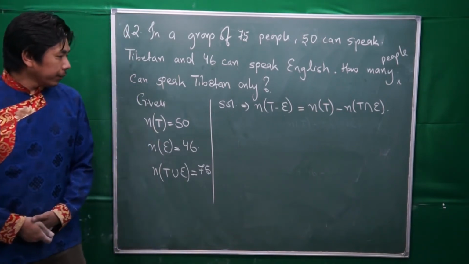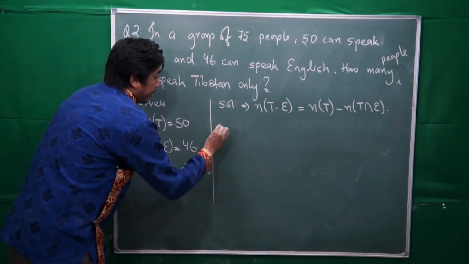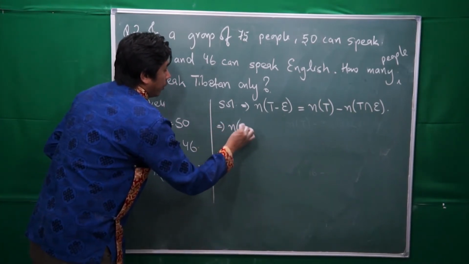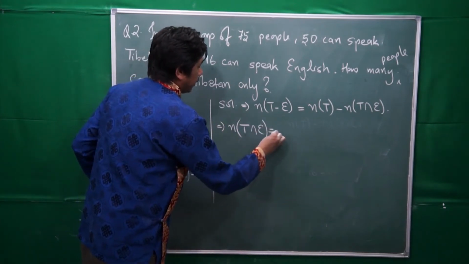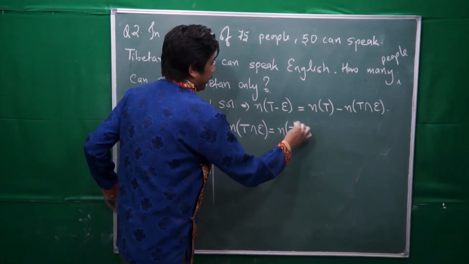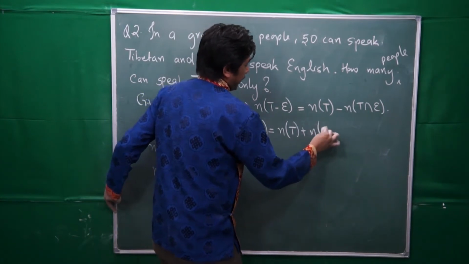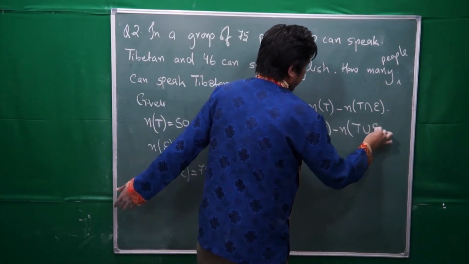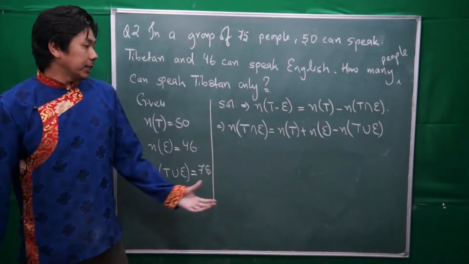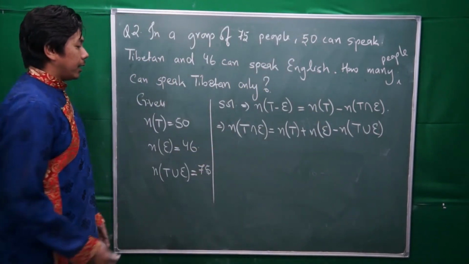So to find this value, number of Tibetan speaking intersection with English speaking equals number of Tibetan speaking plus number of English speaking minus number of Tibetan union English. This is the first relation, the first question that we did.